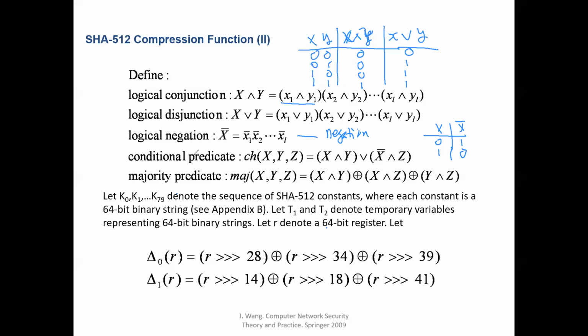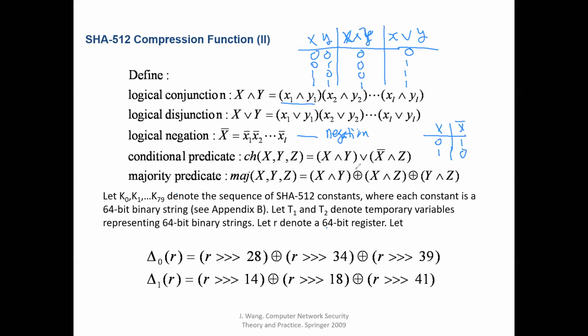Okay, predicate just means this function takes inputs of binary values and generates an output either 0 or 1. So this is CH, choose, okay, so X and Y or X bar and Z. And this one is a majority, so this is how it is defined here.